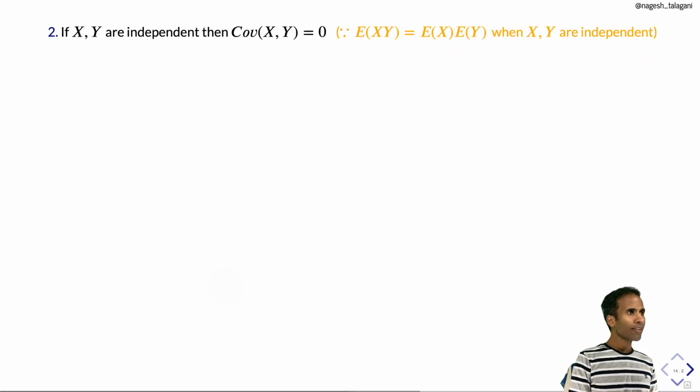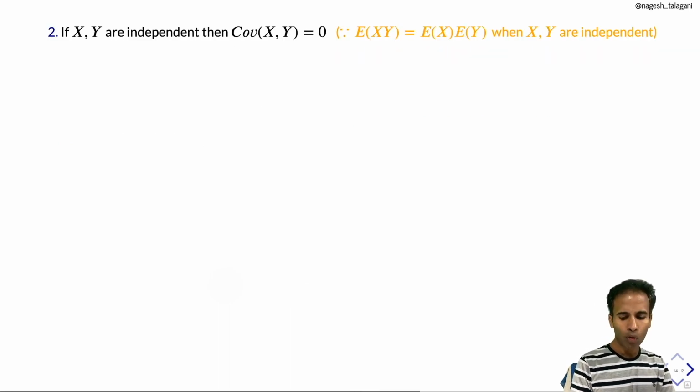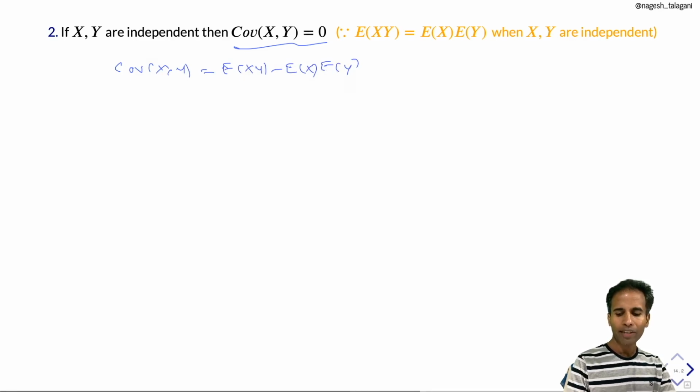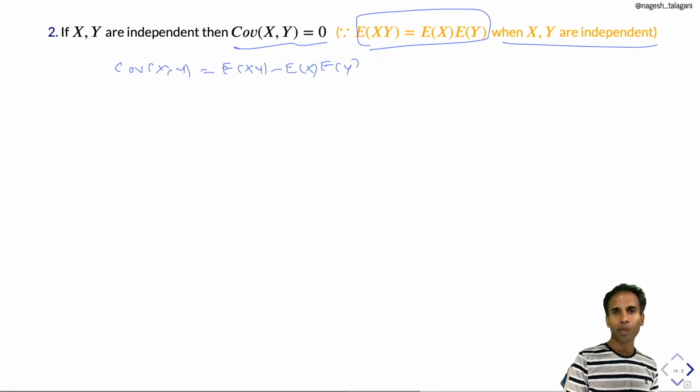Note 2: if x and y are independent, then covariance of xy will be 0. Because we have just seen from note 1 that covariance of xy is expectation xy minus expectation x times expectation y. But we know that when x and y are independent, expectation xy is the same as expectation x times expectation y. That's why whenever x and y are independent, the covariance of xy is going to be 0.